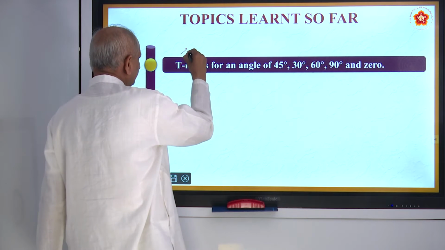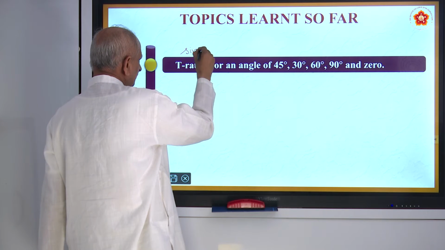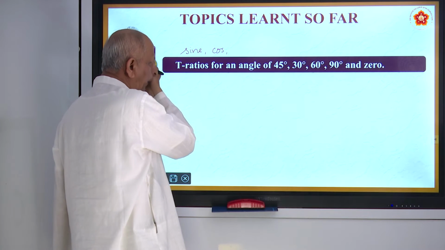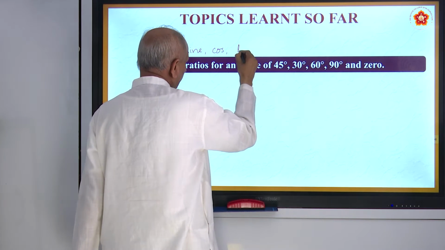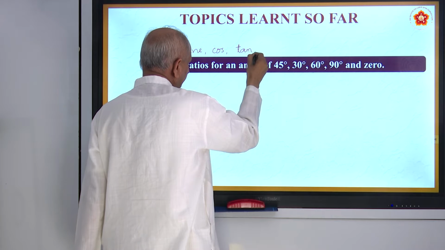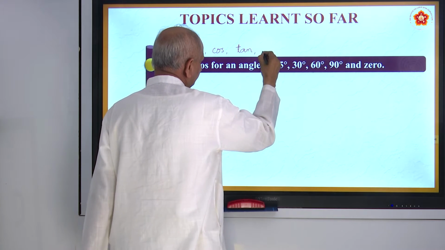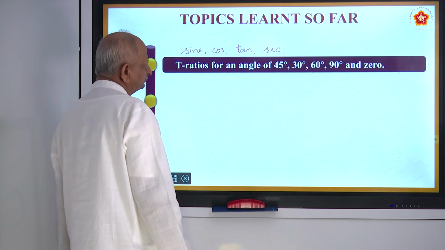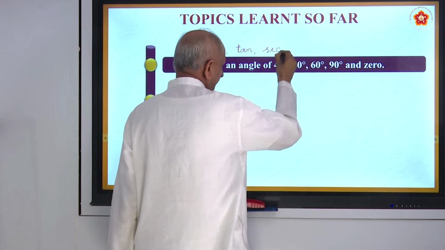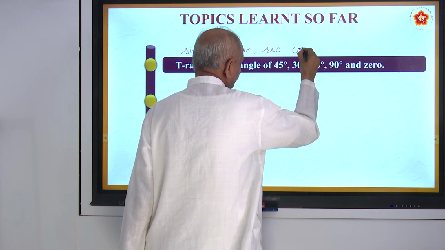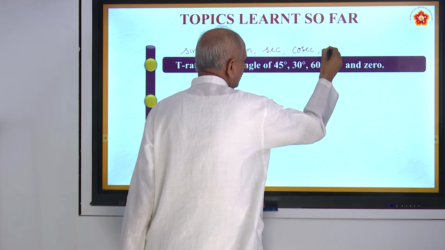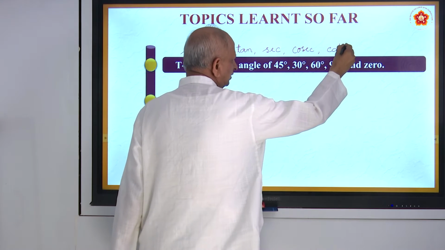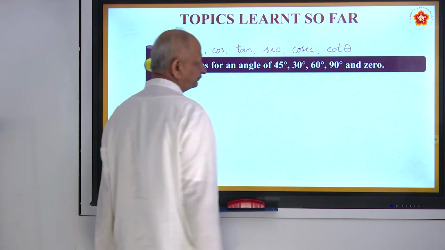They are sine, then cos, full name is cosine, then we have tan, full name is tangent, then secant, full name is sec we call, then you have cosec, and lastly cotangent of angle called theta.